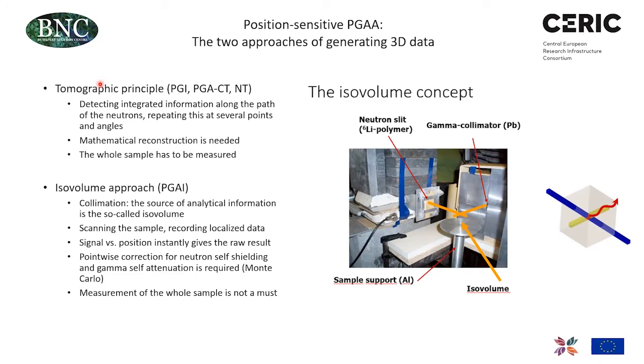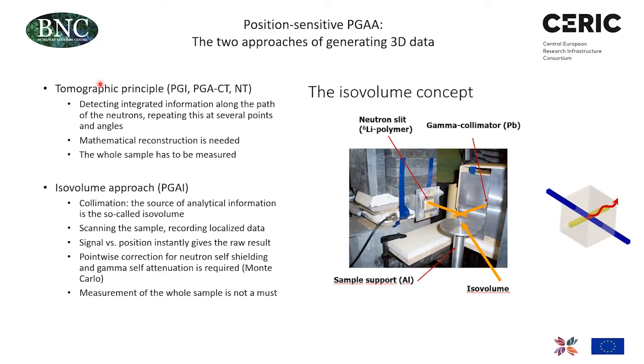And with adequate modification, one can also use the same mathematics for emission tomography. So you measure the emitted gamma rays of the sample with some spatial resolution. And then you apply a mathematical reconstruction procedure to reach the three-dimensional distribution of the emission.